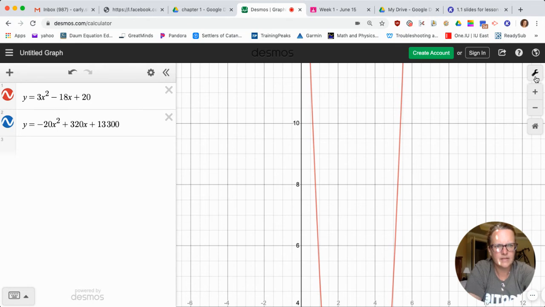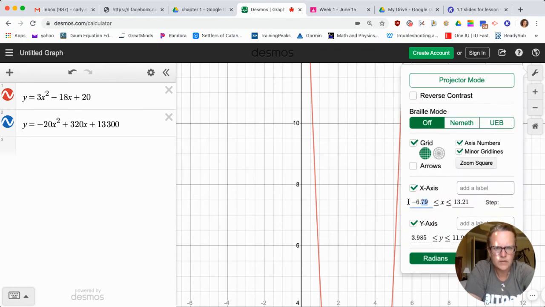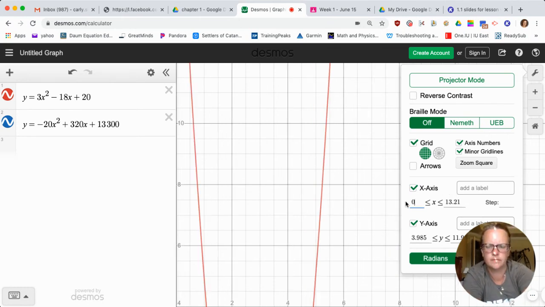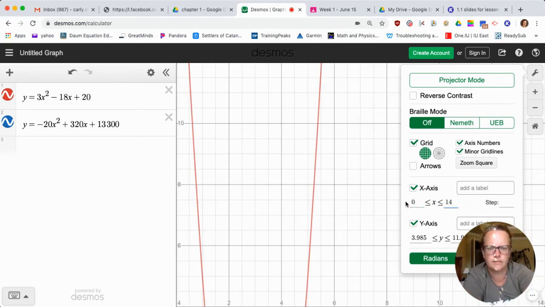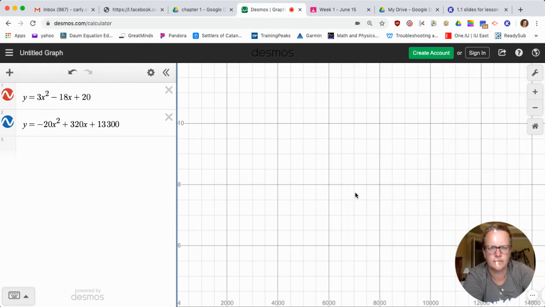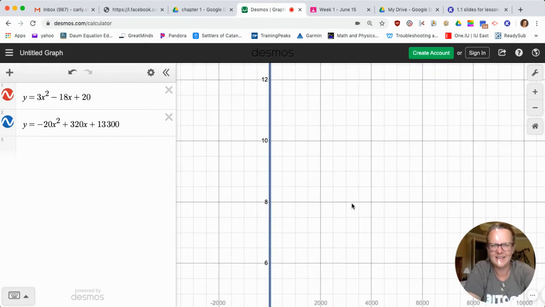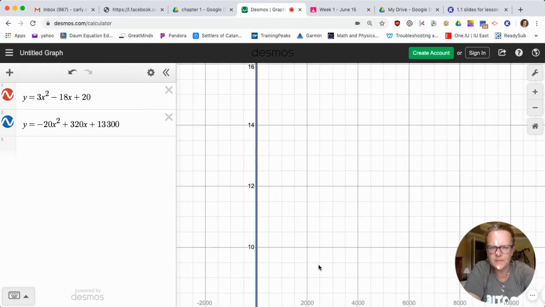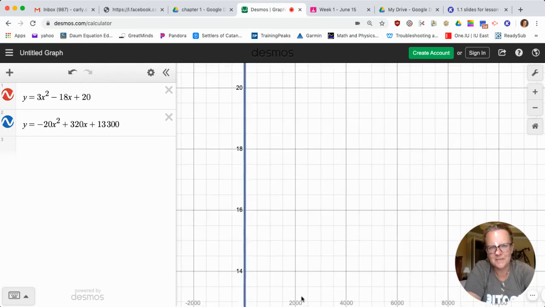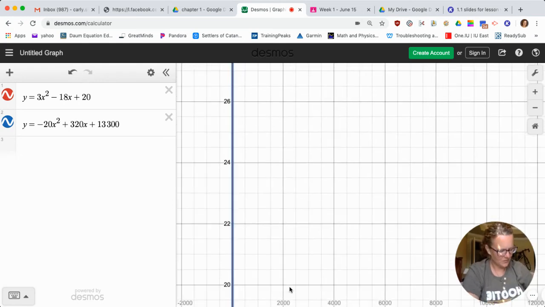My x-axis is not right. Let's see. Not having good luck, am I? Oh, for goodness sakes. That's why.